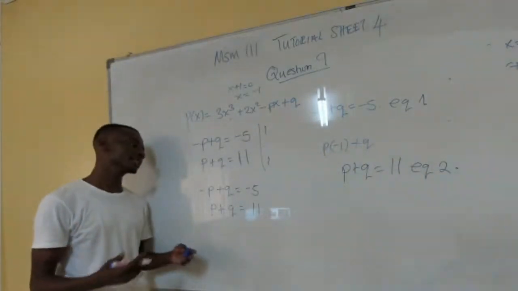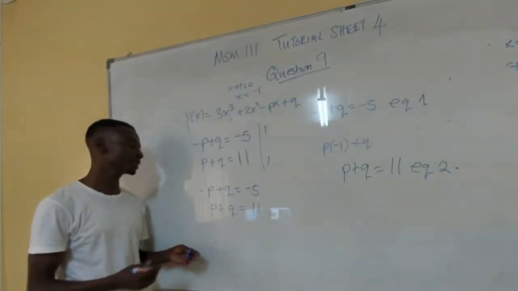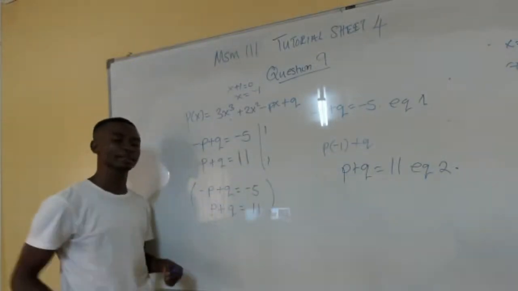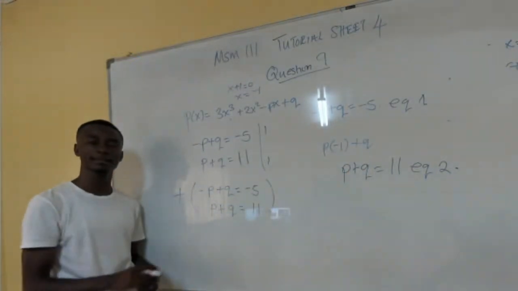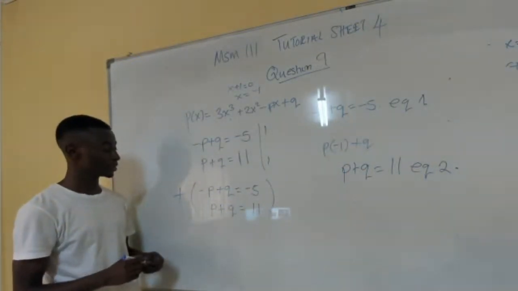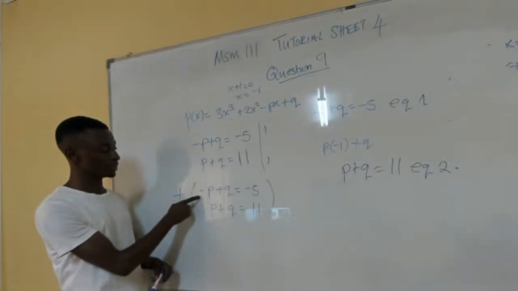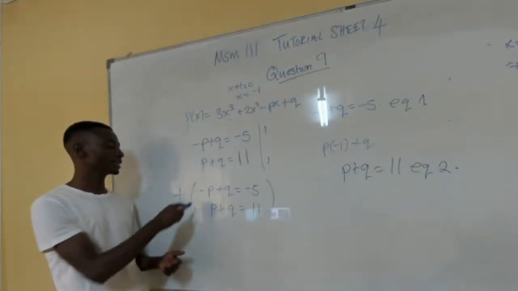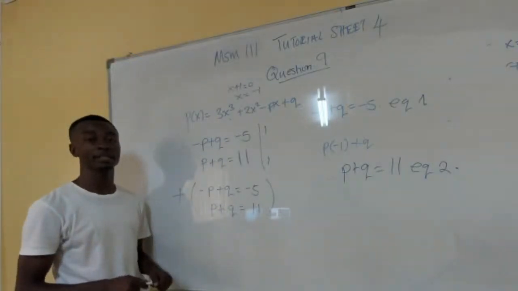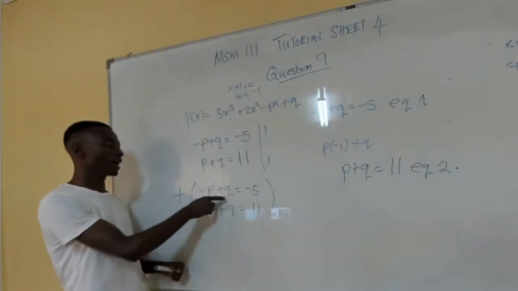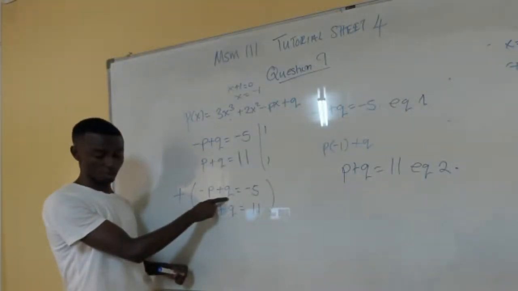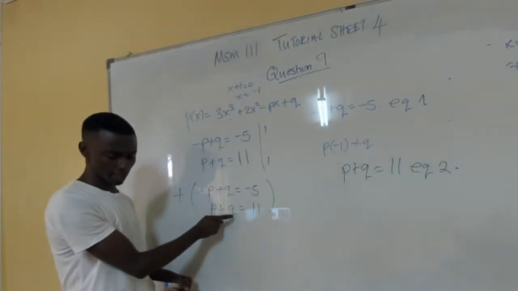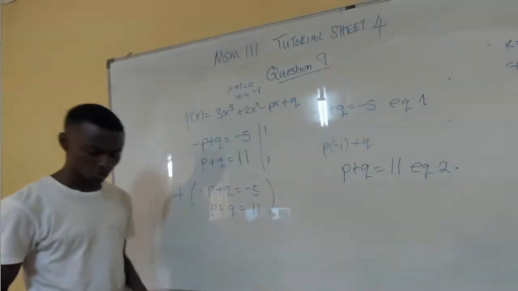So what is our next step? Our next step is to add now. So if you add negative P and P, you're getting 0. If you add Q and Q, you're getting 2Q.